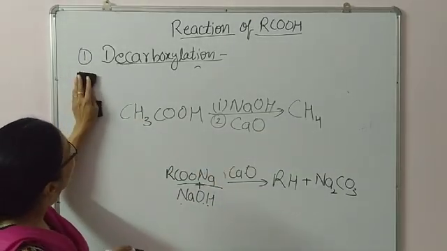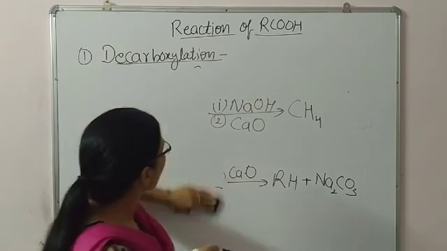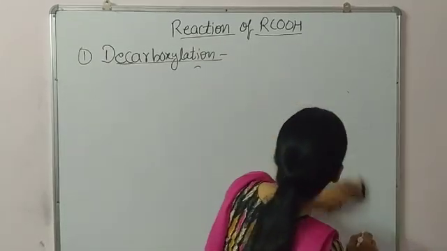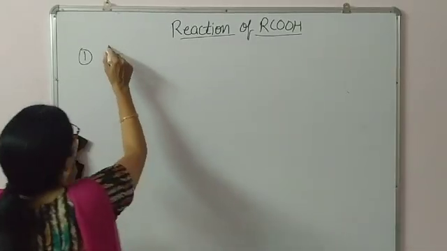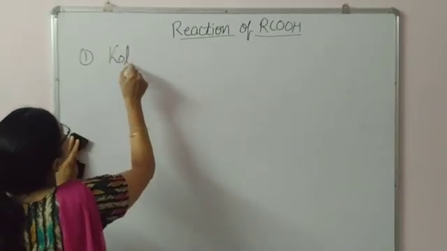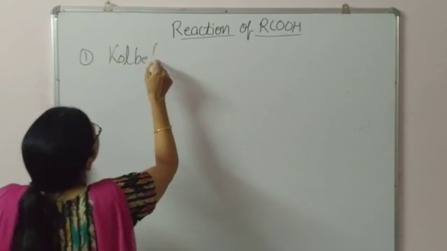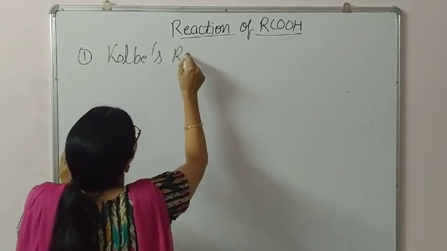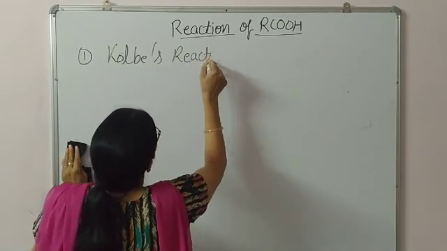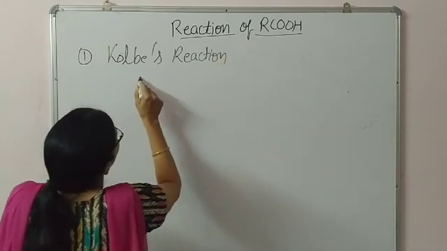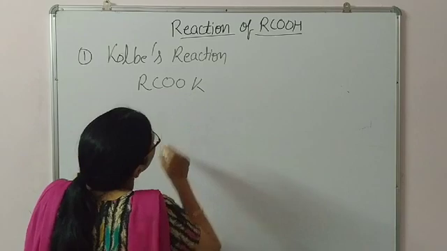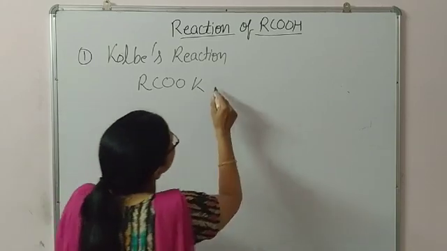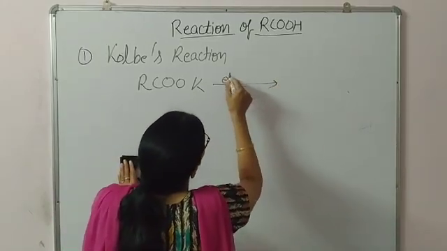Now, the next reaction, that is Kolbe's electrolysis reaction. For this purpose, we will take the potassium salt of carboxylic acid and pass electricity.